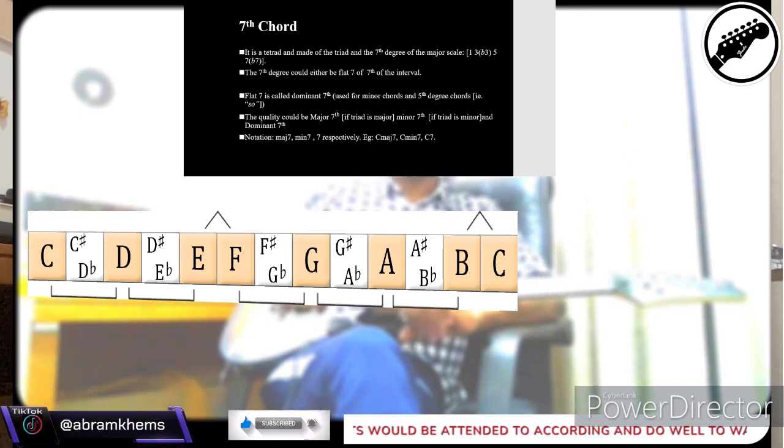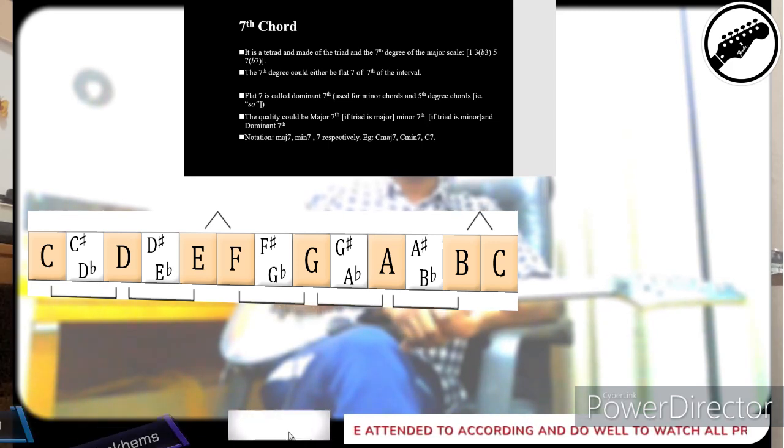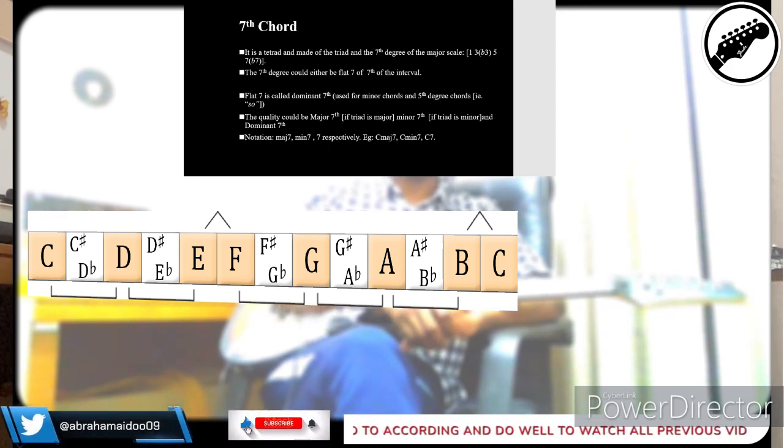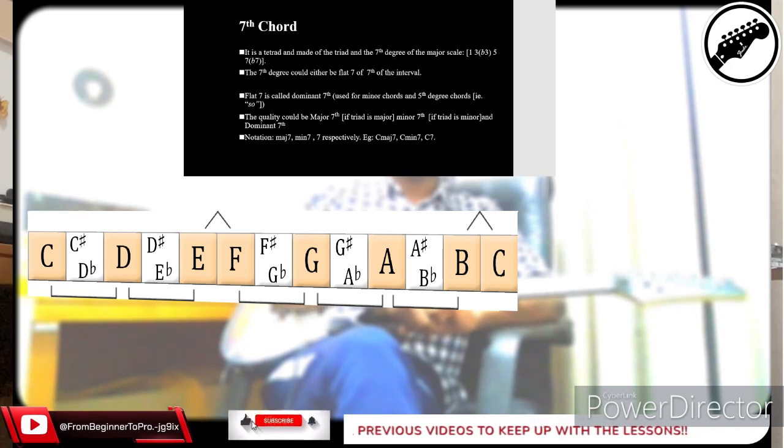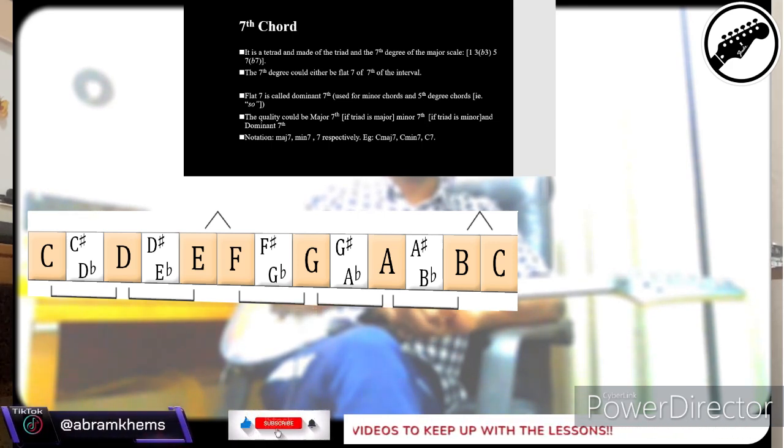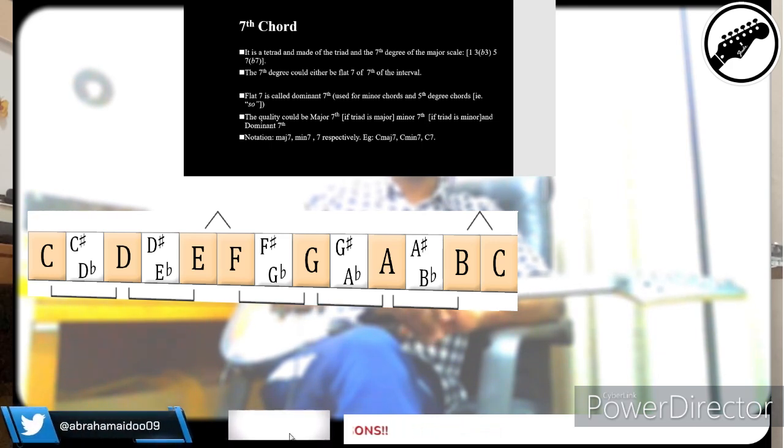So just have your major triad, and then you just add the 7th. So the 7th could either be a flat 7 or a major 7th. Okay, so when you have a case where the 7th chord is having a flat 7 or the minor 7th, then we call it a dominant chord.